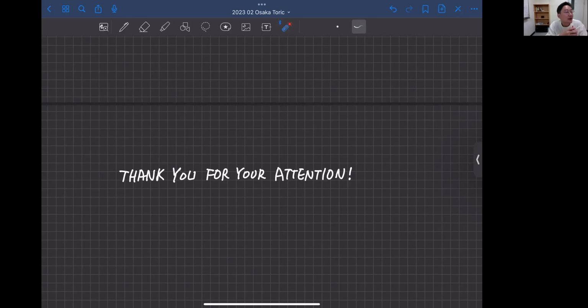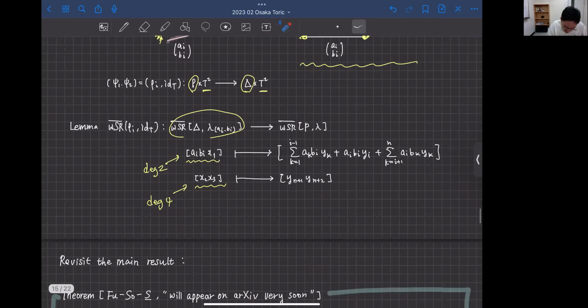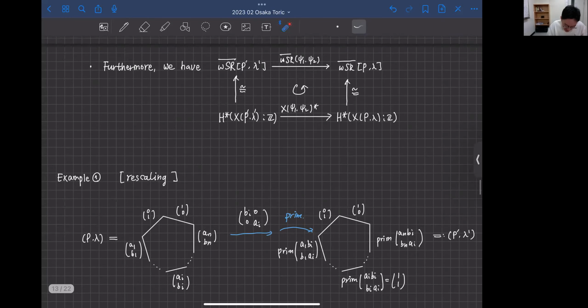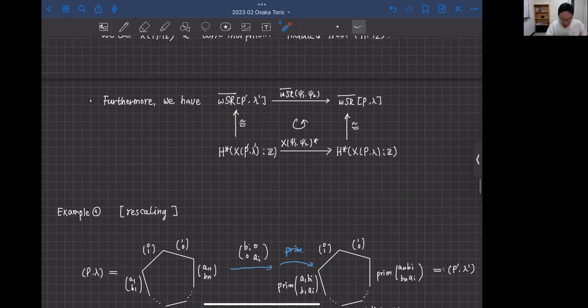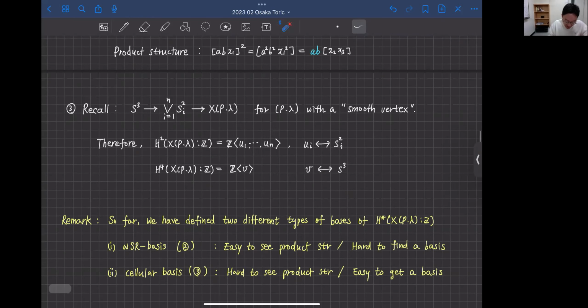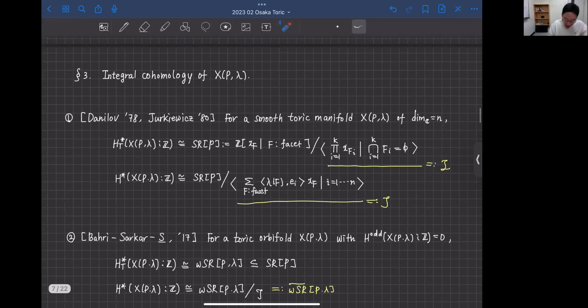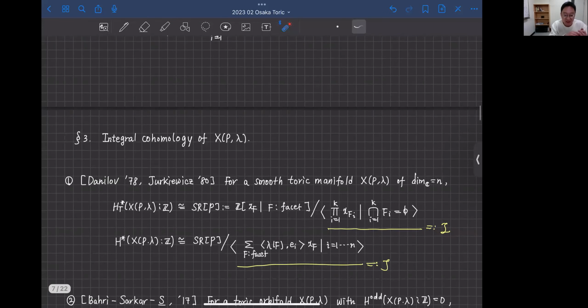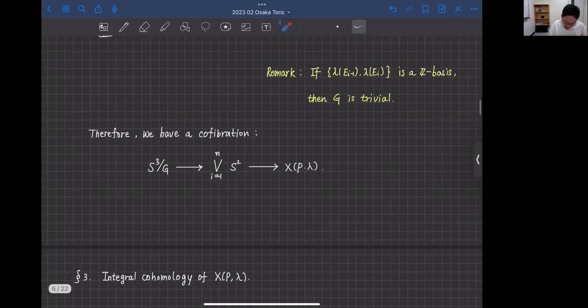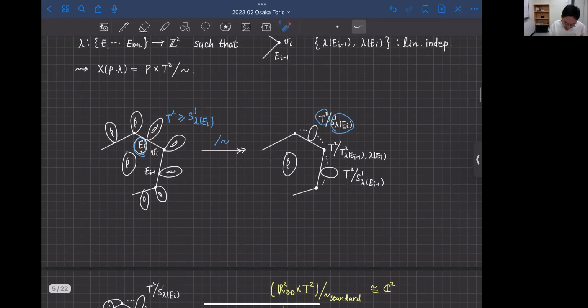Well, okay, yes. Because this cofibration structure gives us a natural cell structure, we can think of the cellular homology. So u_i is the dual of the 2-cell of each 2-sphere. I'm not so sure whether this answers your question.